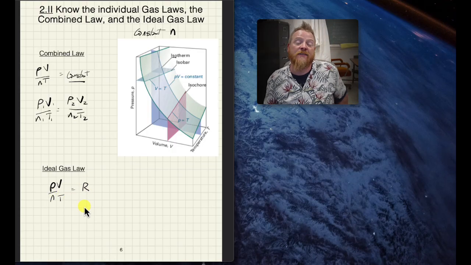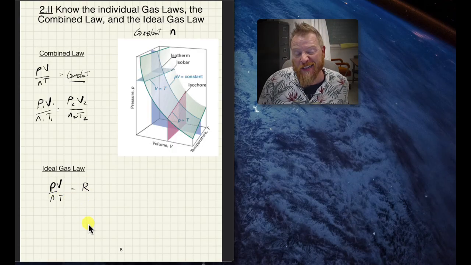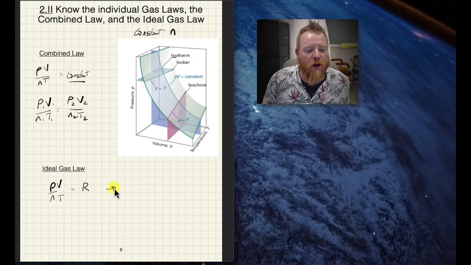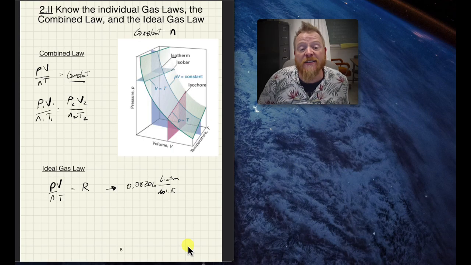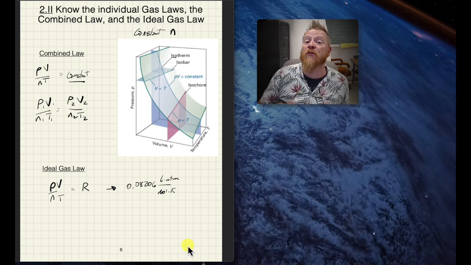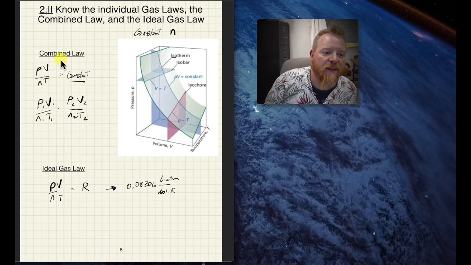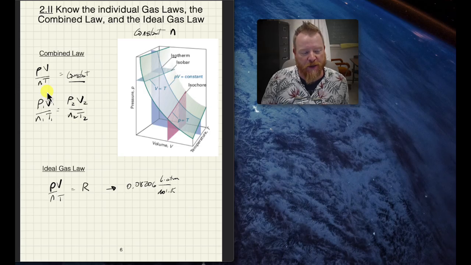We call that constant R, the ideal gas constant, okay? Which we know if we've used atm, liters, Kelvin, and number of moles, that has the value 0.08206 liter atm per mole Kelvin. So our gas constant is this constant of proportionality that allows all of these empirical things to be true.